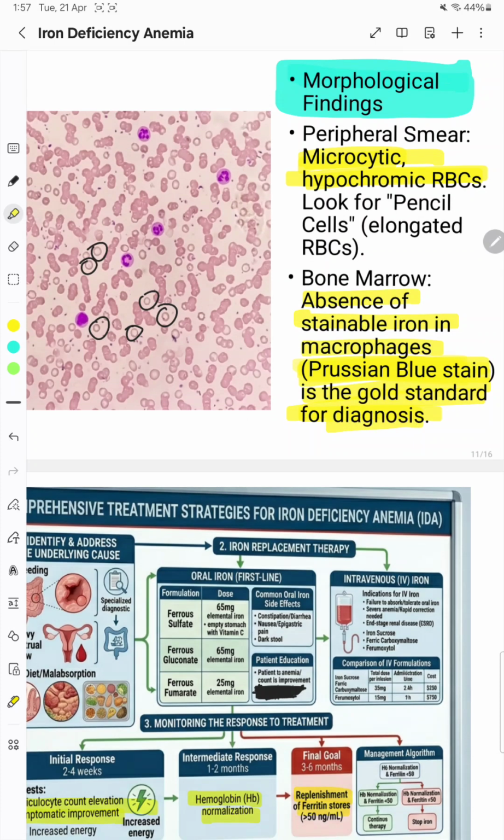There is no iron available in macrophages of bone marrow in iron deficiency anemia, so there is no staining, and this is used as the gold standard for diagnosis of iron deficiency anemia.